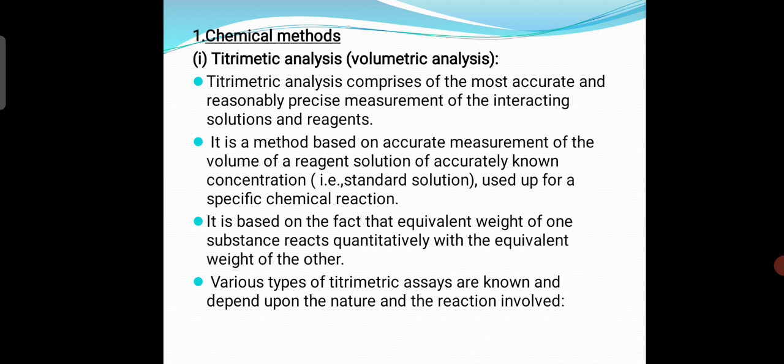You have already done it in your school sessions. So we'll get very accurate and precise measurement using titration. How are we doing titration? We are interacting the solutions with reagent.